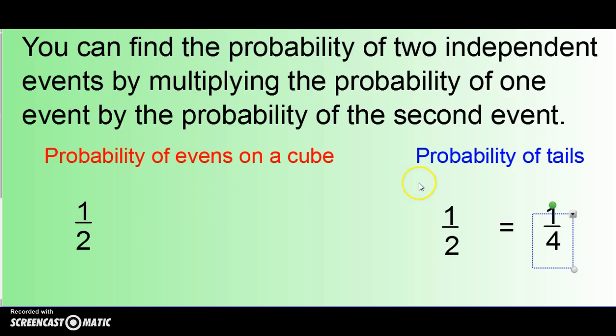And then the probability of tails on a coin is 1 out of 2 chances you'll get tails. Then to find the probability of those two both happening as one combination, a 2 with tails, a 4 with tails, or a 6 with tails, you would multiply the numerators, multiply the denominators, and you would get 1/4.